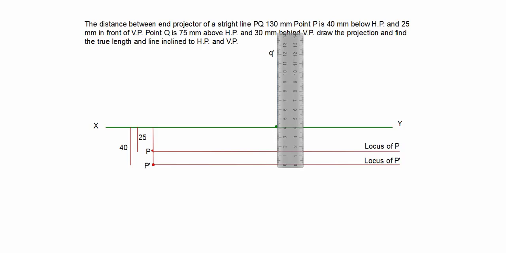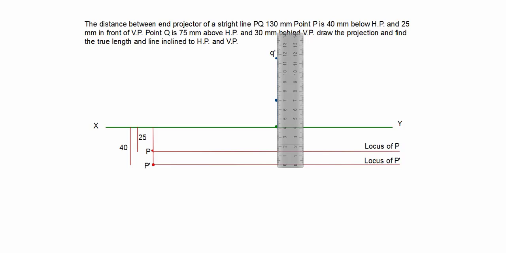Then 30 mm behind VP. The point behind VP means the projection is above XY line. So I move the 30 mm. Then plan point Q, because it is a condition 30 mm behind VP, it means the condition with plan points. So it is a Q point.